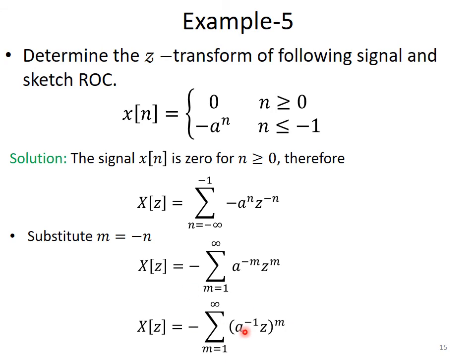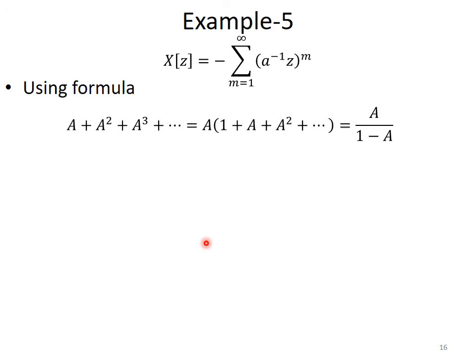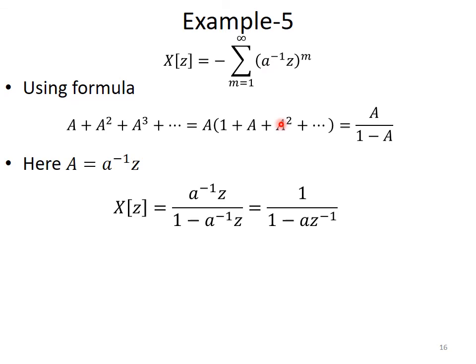Again simplifying it further, we would get this result. Again using the same generalization that we used in previous examples, a plus a square plus a cube, or we can rewrite in this form, taking a common from this: 1 plus a square and so on is equal to a upon 1 minus a, and this series would converge if the magnitude of a power minus 1 into z is less than 1.